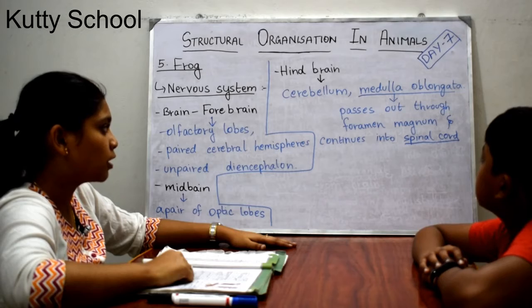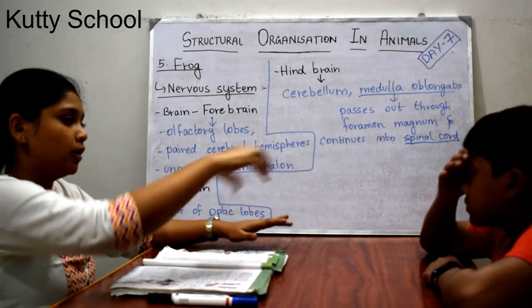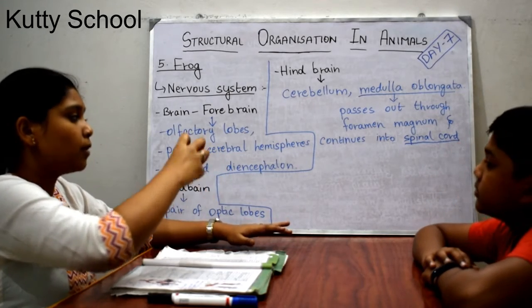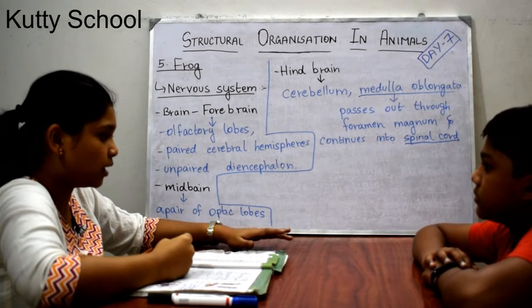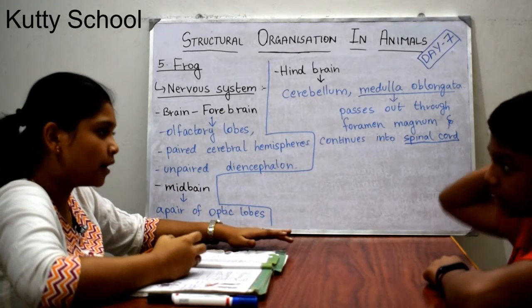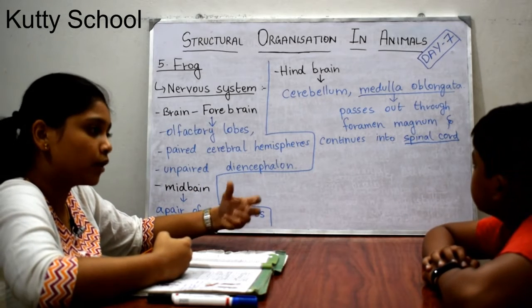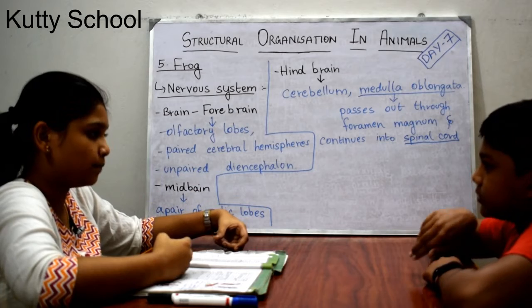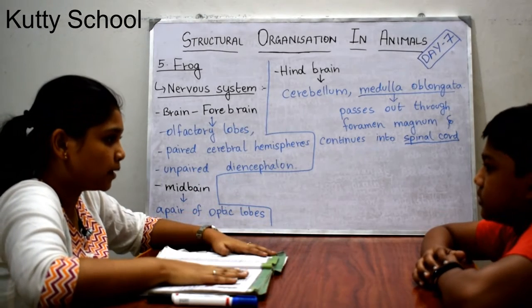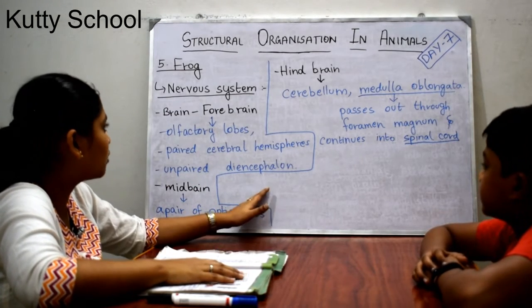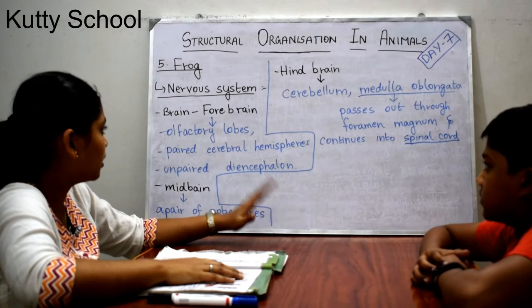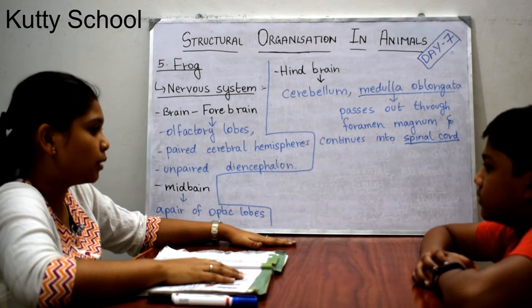The medulla oblongata passes out of the brain through the foramen magnum and continues to form the spinal cord, which is covered by the vertebrae. So the brain is divided into three parts.